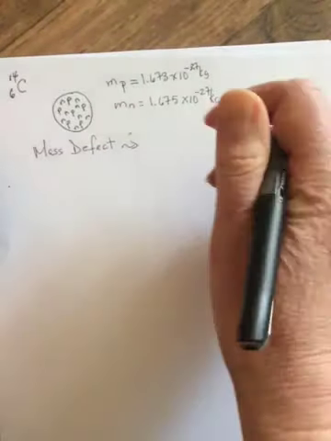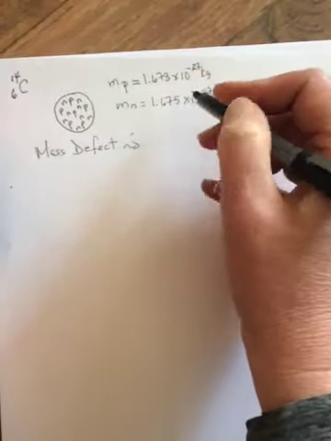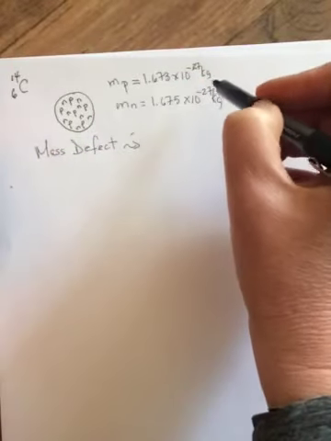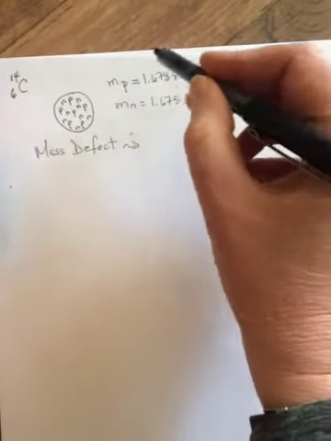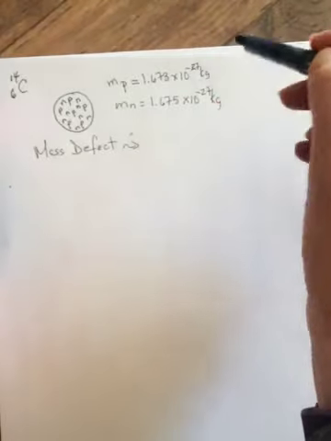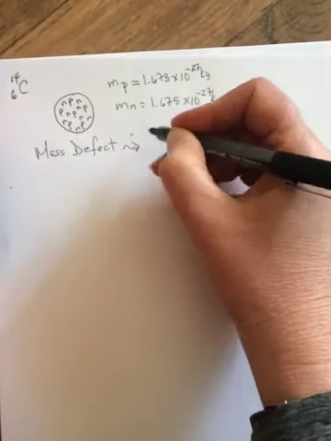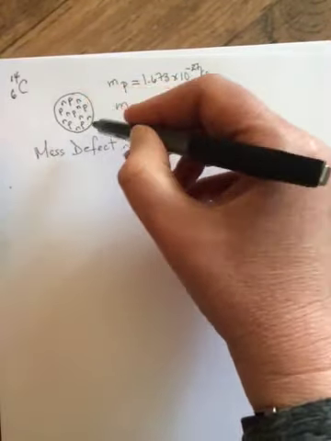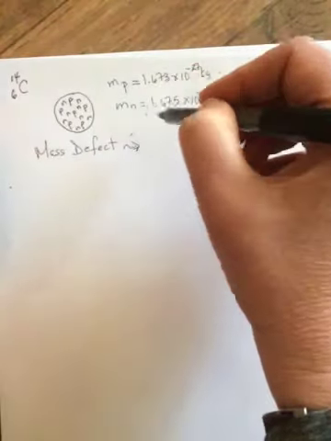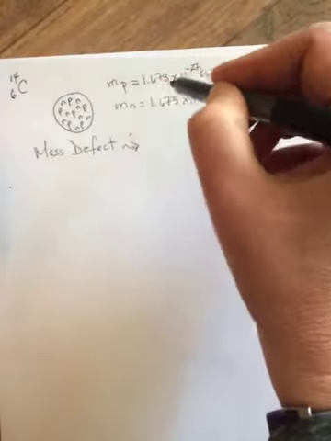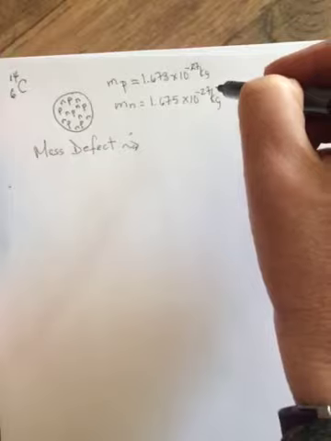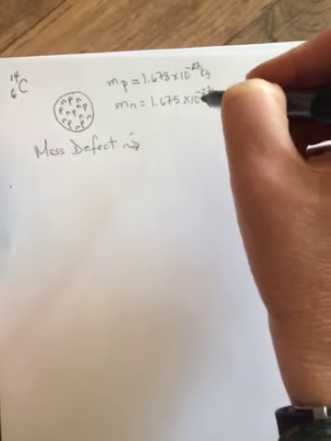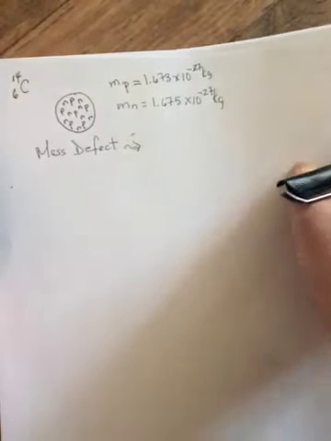Okay? And it is the difference between the mass of the nucleus and the total mass of the individual protons and neutrons. It will always be negative.